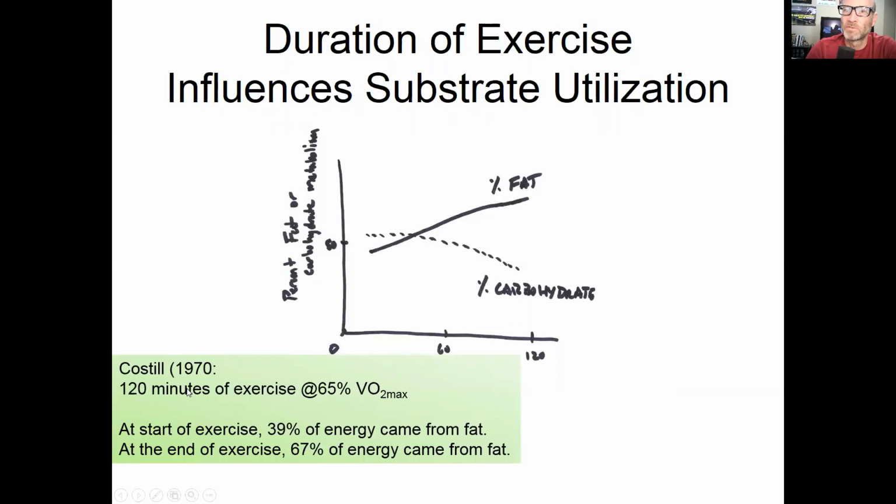And this is just coming from data from Costill. 120 minutes of exercise at 65% VO2 max. At the start of exercise, 39% of energy came from fat, but at the end, 67% of energy came from fat. So the amount of time that we're going will influence which substrate we're using. And this is a set intensity right here, 65%. And the fuel used during that 120 minutes changed.